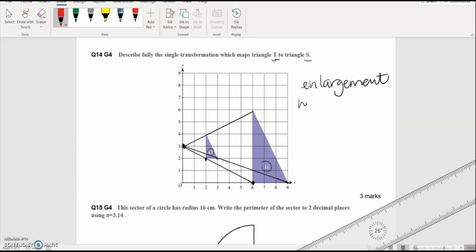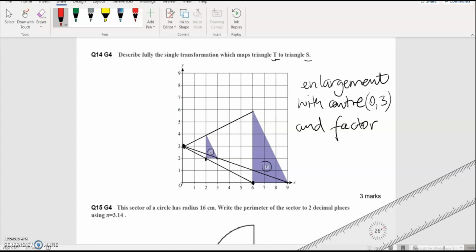So we'll say with center, this point is 0,3. And factor, which tells us how much bigger or smaller in comparison to the other shape this shape has got.